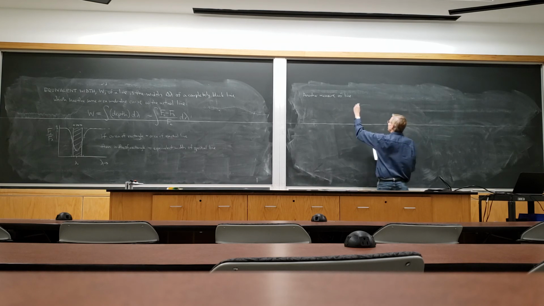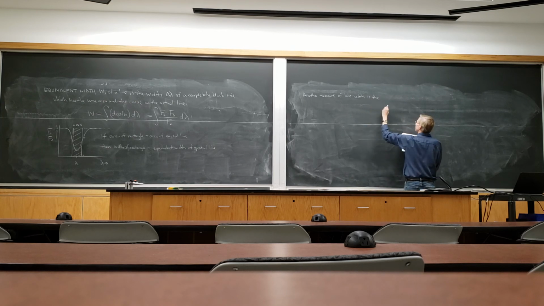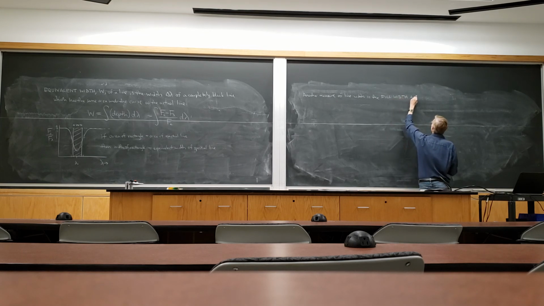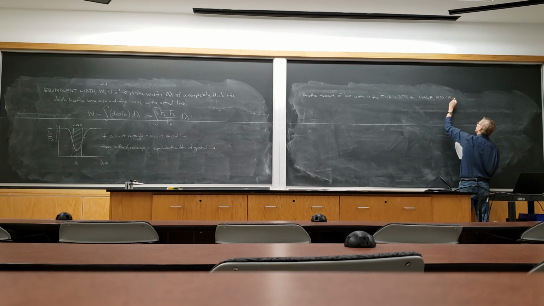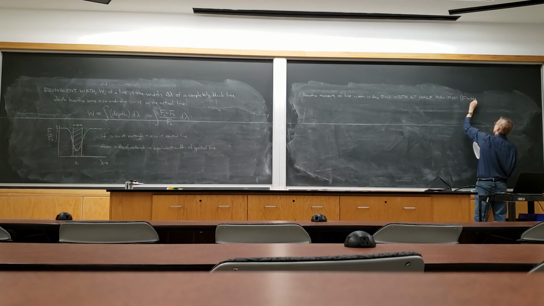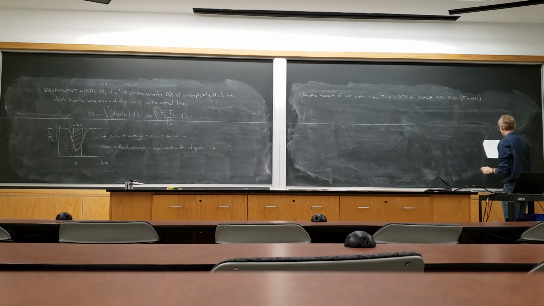Another measure of line width is the full width at half maximum. Sometimes we'll just say full width at half max. And the abbreviation is just FWHM, logically enough.